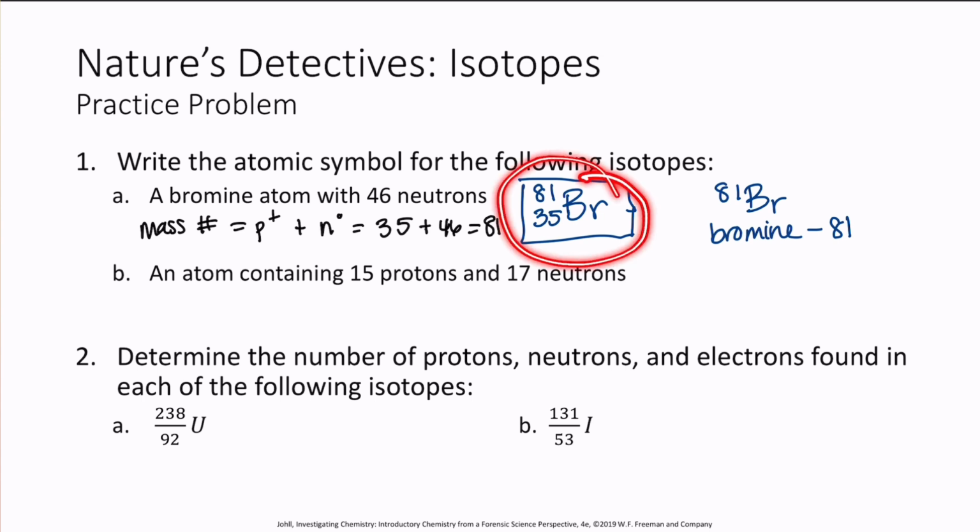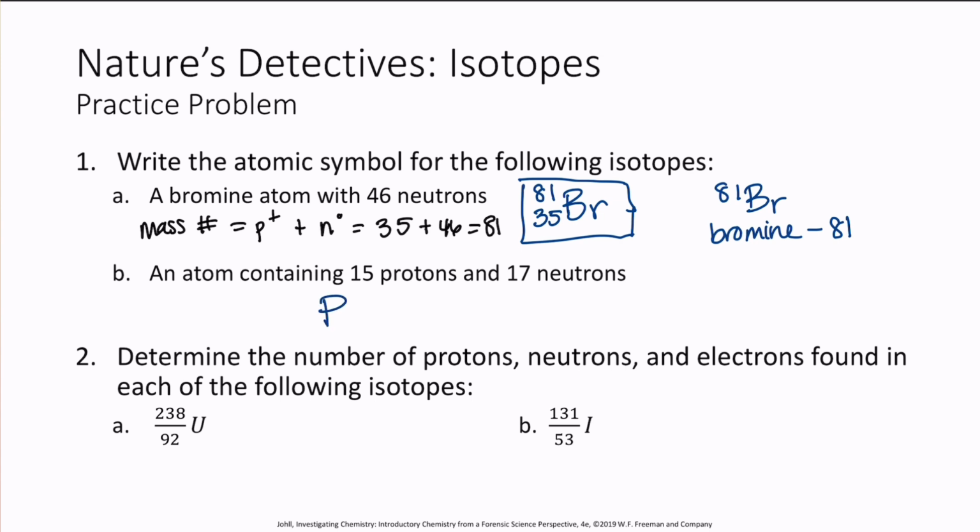All right, now if we want the nuclear symbol for bromine 81, then we would have to include that atomic number. All right, let's look at an atom containing 15 protons and 17 neutrons. So the first thing I'm going to have to do with this example is go and look at which element has 15 protons. So I look at my periodic table, find the element that has an atomic number of 15, and that is phosphorus.